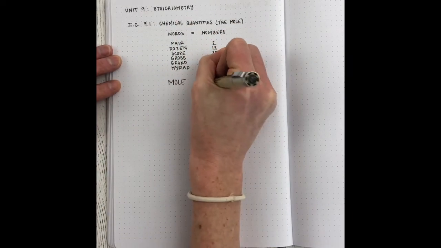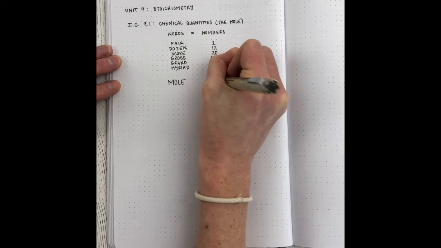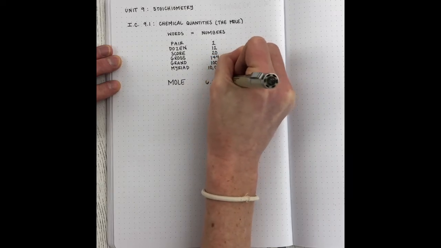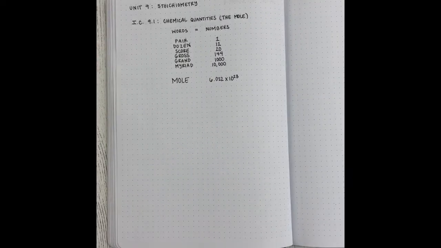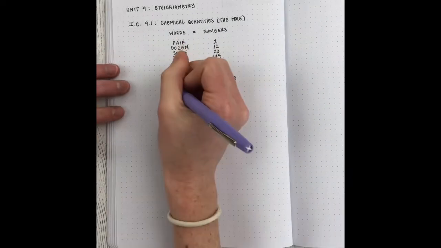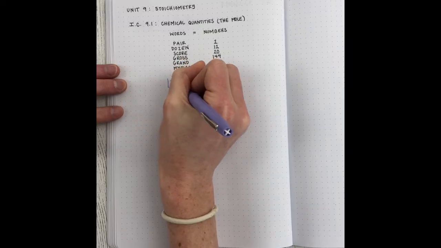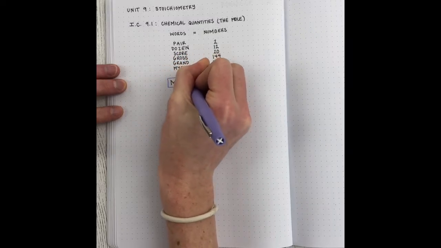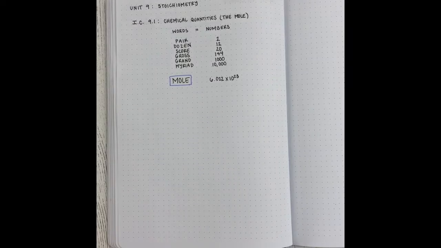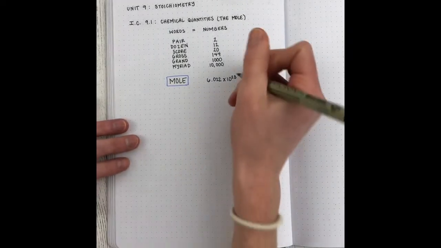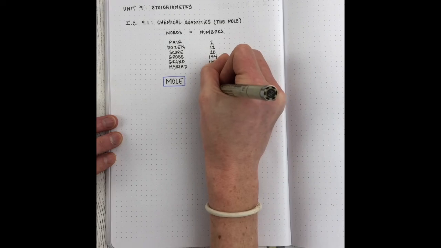That number is 6.022 times 10 to the 23rd. And this is an insanely huge number, but it's used to represent insanely small things. When we talk about a pair, we're usually talking about socks or shoes. When we talk about a dozen, we're usually talking about donuts or eggs.